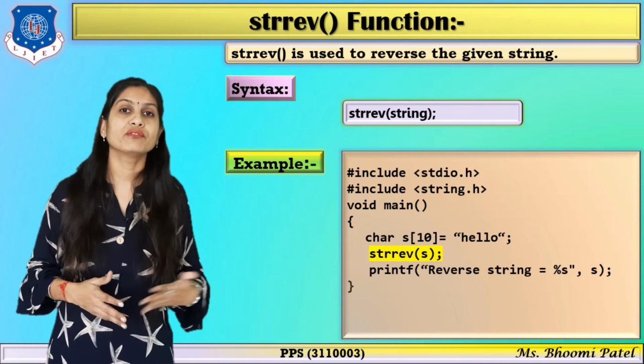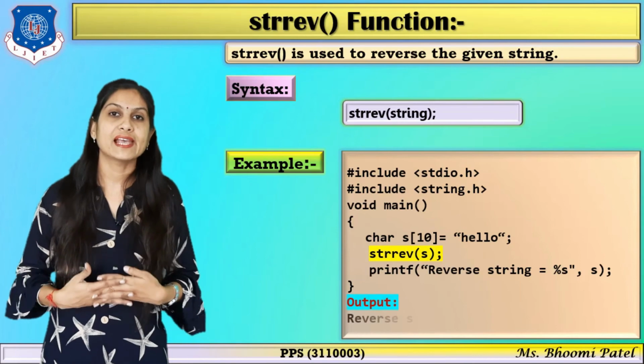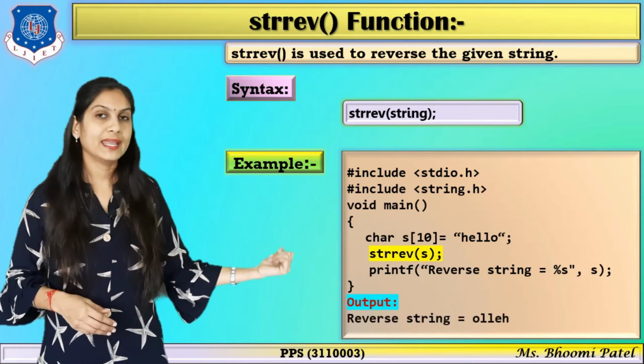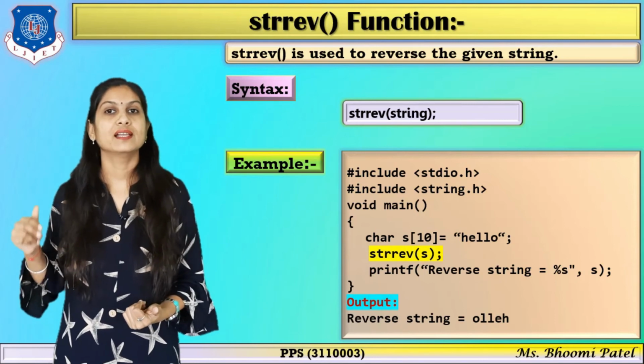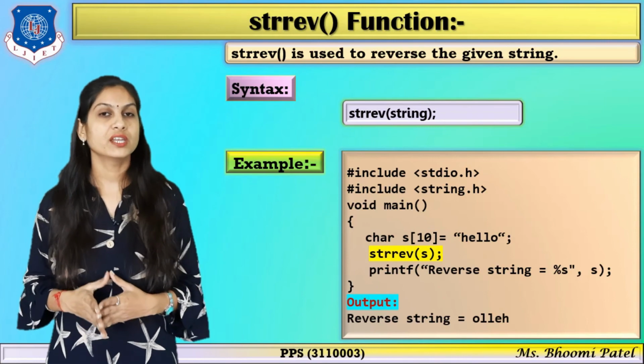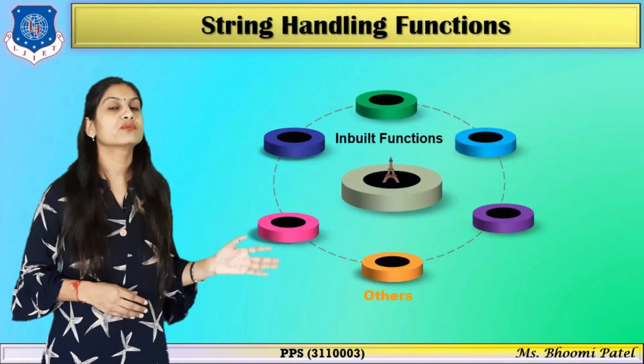So what is the output of this program? The same string s will now be changed and the output is reverse string equals OLLEH. Clear?